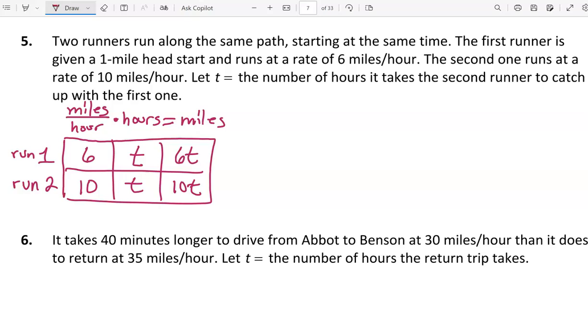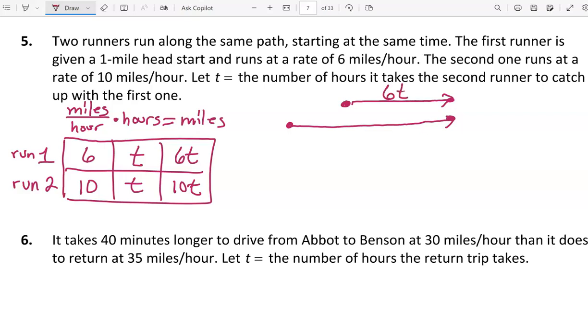Now we need a diagram. So runner 1 starts and runs at a rate of 6 miles per hour. Runner 2 was not given the same head start, so they're starting further back, and at the point where runner 2 catches up with the other, they're going to be neck and neck. So they're going to be at this end point where the arrows are indicated.